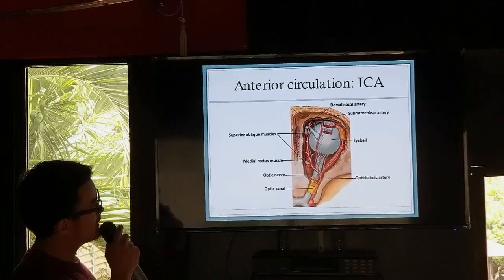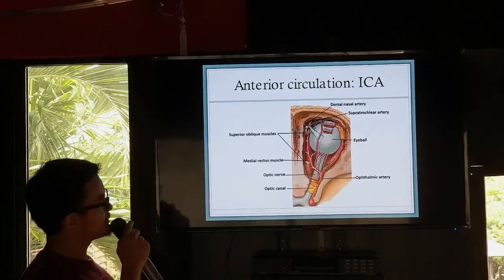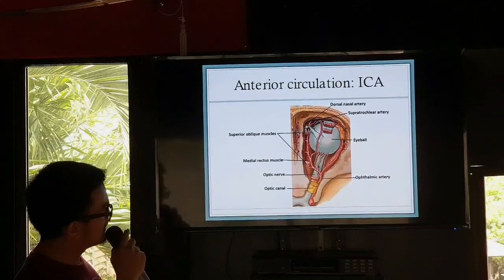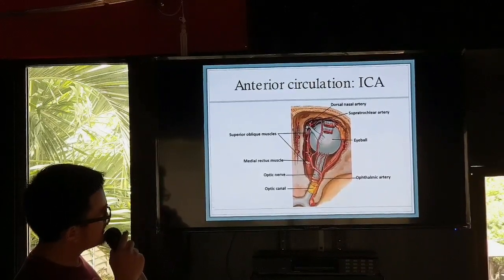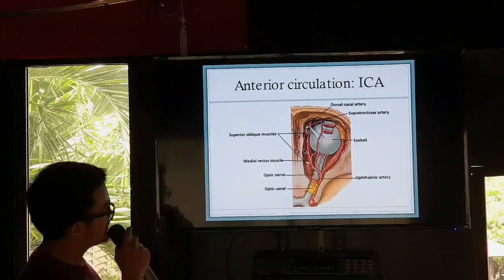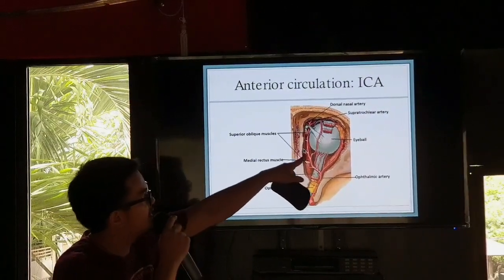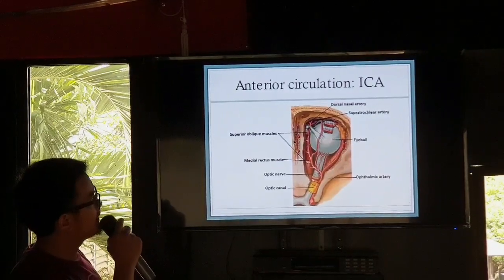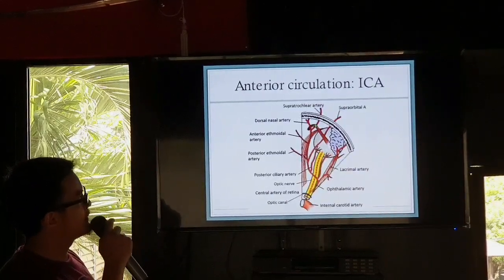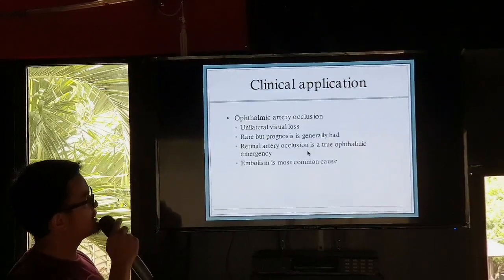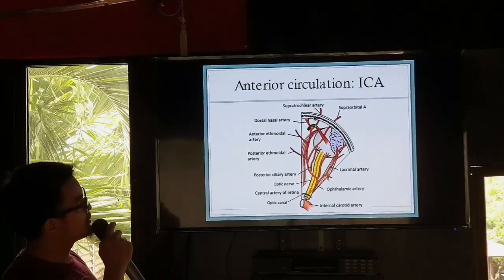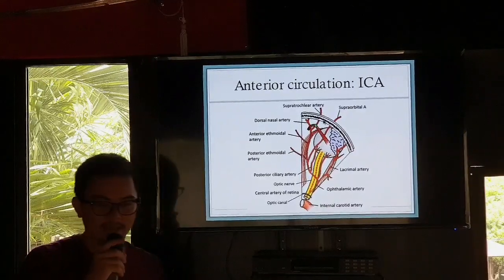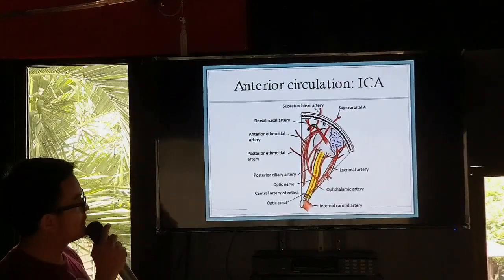So as you can see here, you have the medial rectus muscle. Okay, this is the eyeball. So it gives off branches here, becomes the posterior ethmoidal artery around this area. And this one is the anterior ethmoidal artery. Okay? And its terminal branches become the supratrochlear artery and supraorbital artery, which supply the frontal area of the scalp.